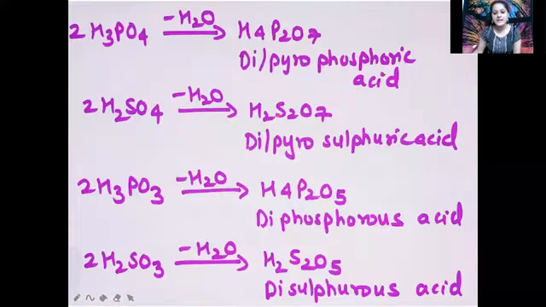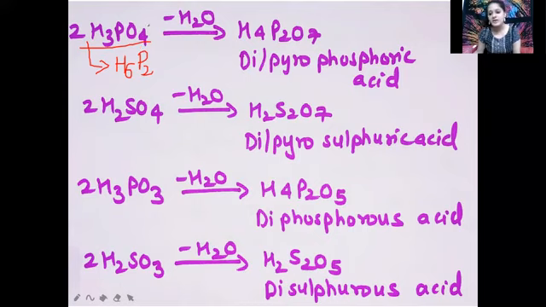So directly let us see a pyro acid example. Yes, so this is your parent -ic acid. So what I'm going to do is take 2 moles of the parent -ic acid, that is H3PO4, 2 moles of it. Because there are 3 hydrogen atoms and you're going to take 2 moles of it, you will get 6 hydrogen atoms. So H6, phosphorus will also become 2 times.